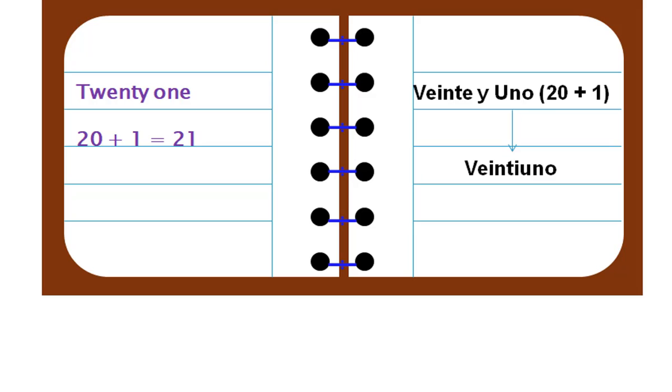So we just replace E and Y with I. So it becomes veintiuno. Same goes for 22. 20 plus 2. Veinte y dos. So we replace E and Y with I, it becomes veintidós.